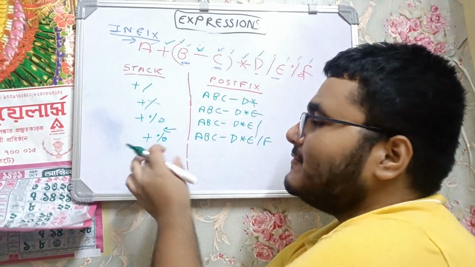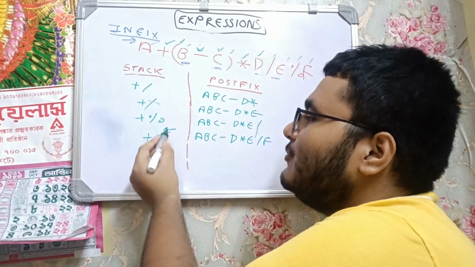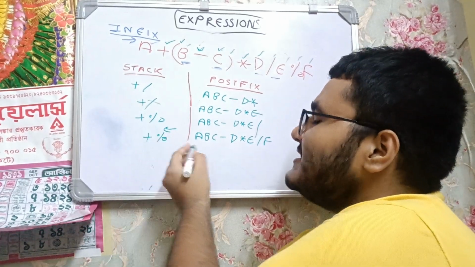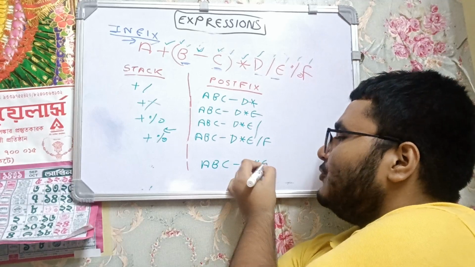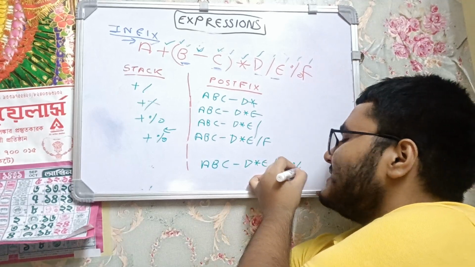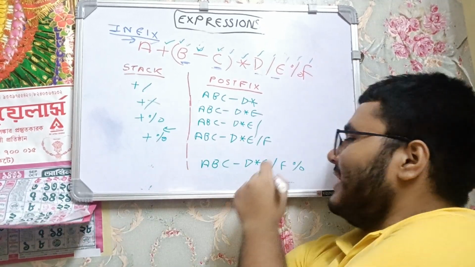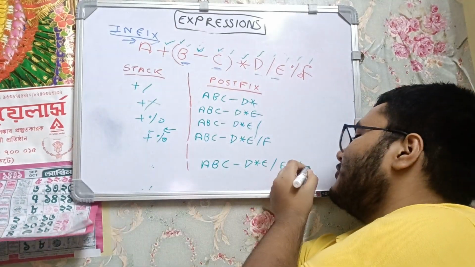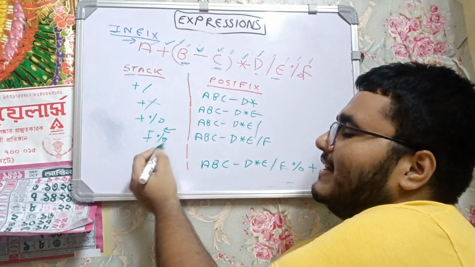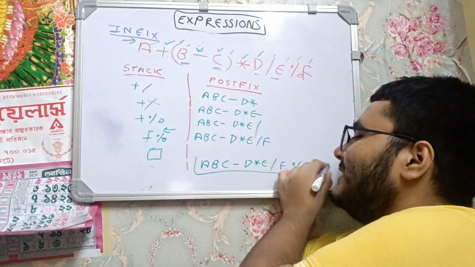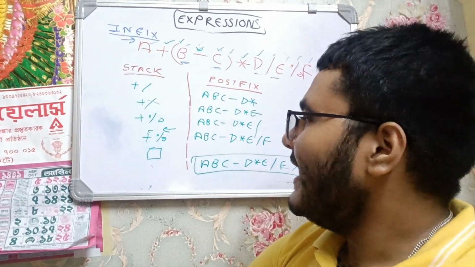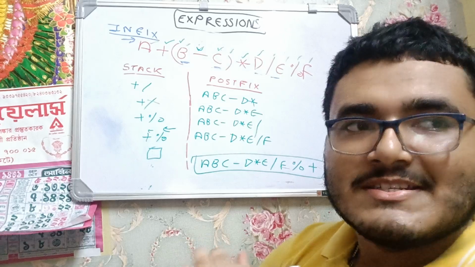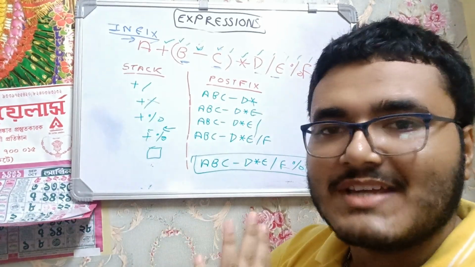Whatever is finally in the stack, that is modulo and plus, so first modulus will come out, so D into E by F, modulus has come out, right? And then plus will come out from the stack, and now the stack is again empty. So this is our final postfix expression. Match it with my normal form and check it. If the answer is the same, then our method is correct, right?